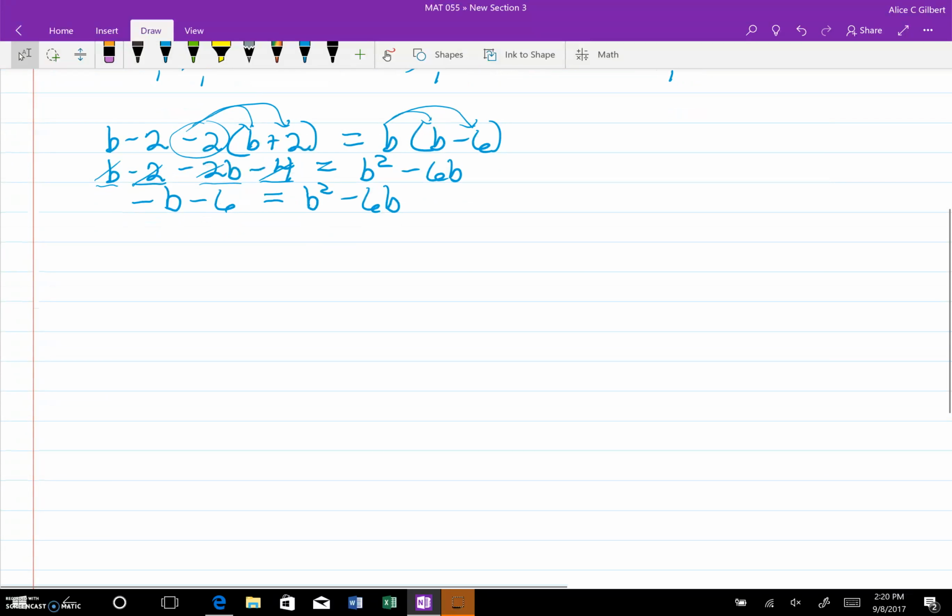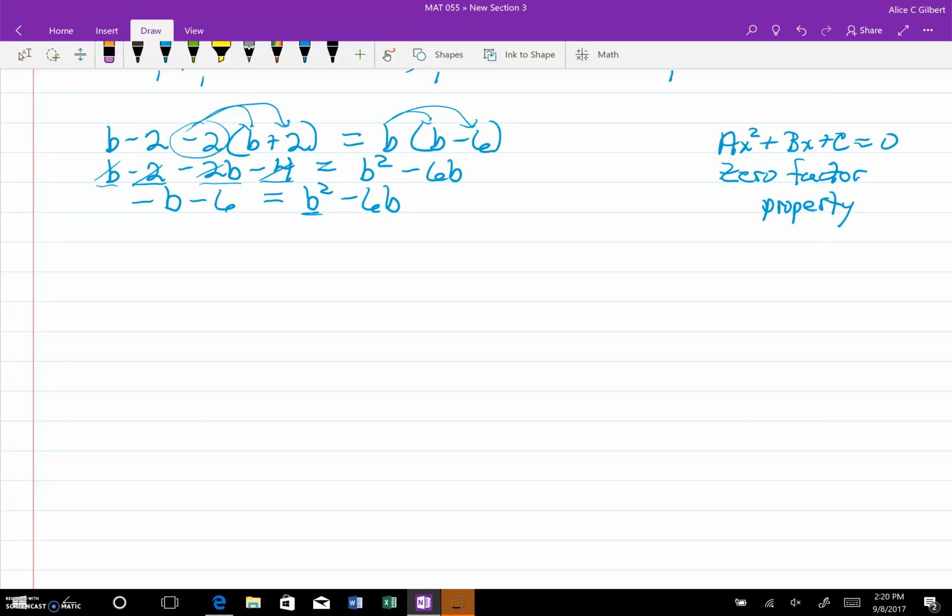And now this is a quadratic equation because this is b squared. This is the only b squared, and it's positive. So it has to be put into standard form, ax squared plus bx plus c equals 0. So I can use the zero factor property to solve this, okay?